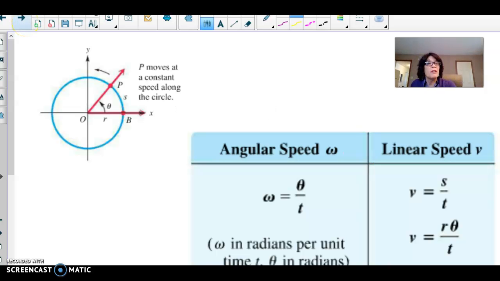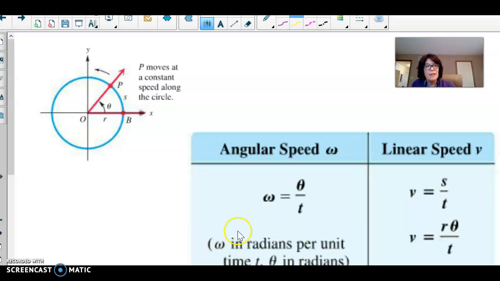It's very, very similar with angular speed and linear speed. As I'm opening my angle, as we're opening theta, the speed is theta divided by time, just like our rate in the last slide was distance over time.